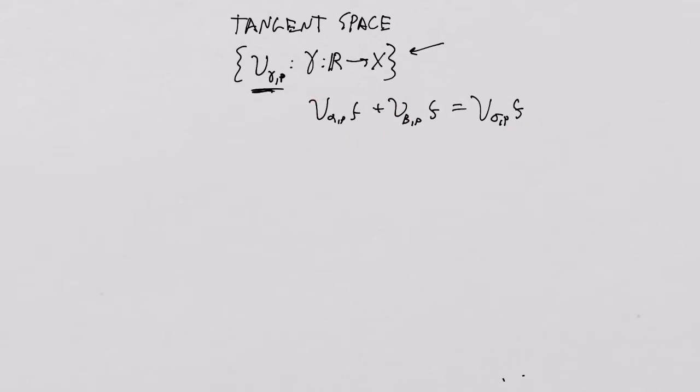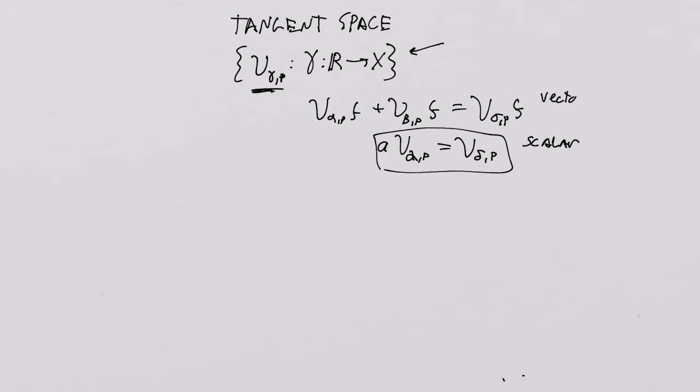Anyway, we proved this, and we did not prove that given a real number A and an element of the tangent space, there is yet another, well, I won't call it sigma this time, I'll call it delta at P, where this relationship is true also, which is our scalar multiplication. So this is our vector addition.